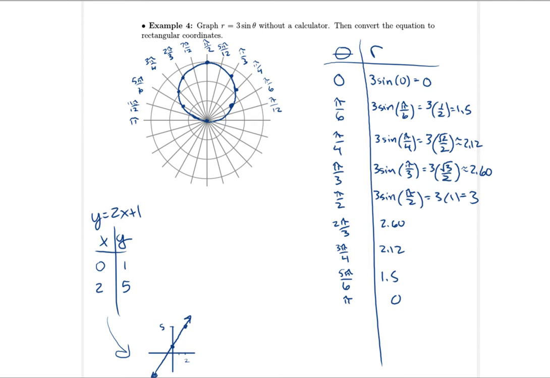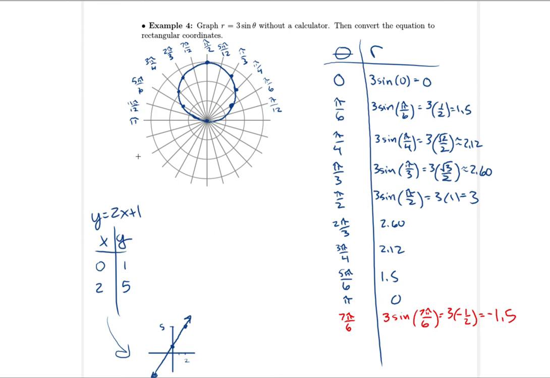All right, well, do I get something down here? So let me just do this next part in red. What if I did 7 pi over 6? I'd get 3 times the sine of 7 pi over 6, which is 3 times negative 1/2, which is negative 1.5.